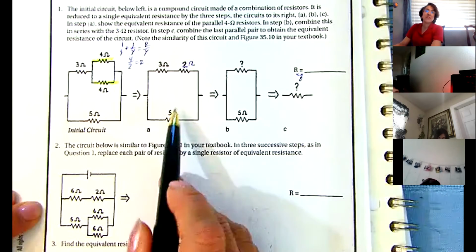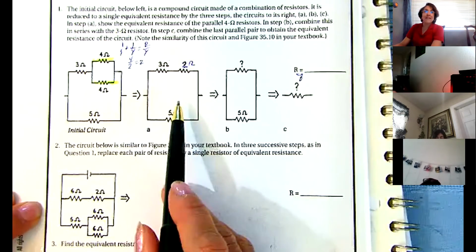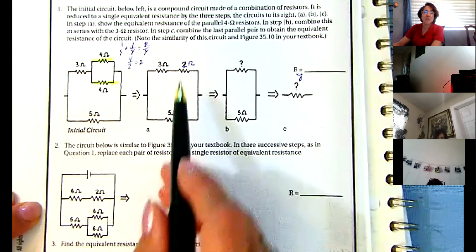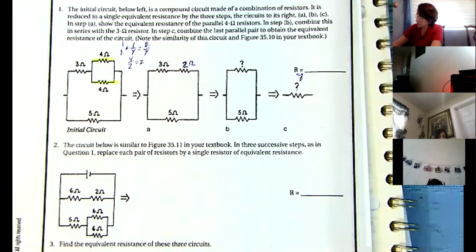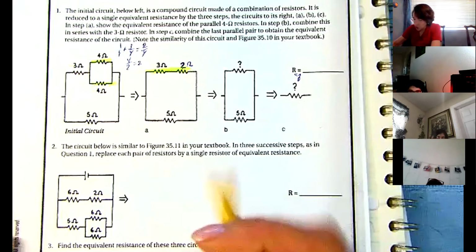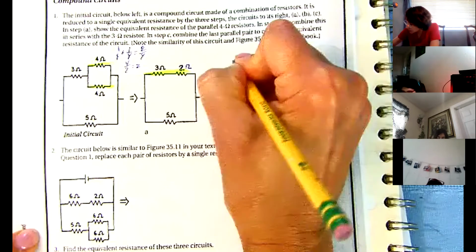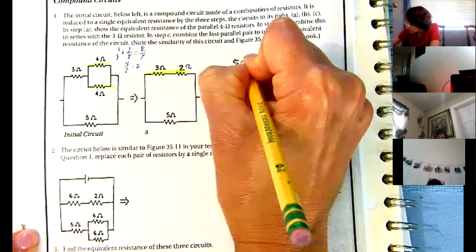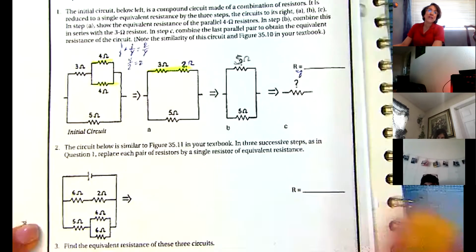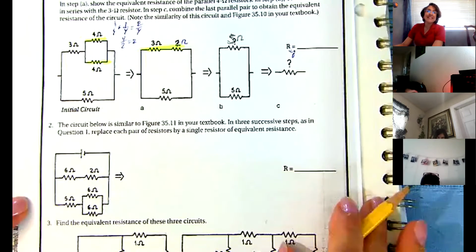Okay, Yasmin, what else do you see? So now the 3 and the 2 are in series. Okay, good. And what's the equivalent to that? Be 5 ohms. That's right. This will be 5 ohms because all we have to do is add them. So now, Yasmin, what do you see?